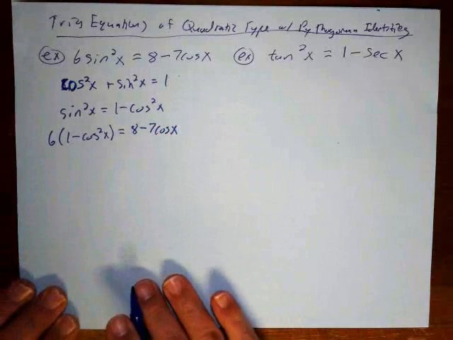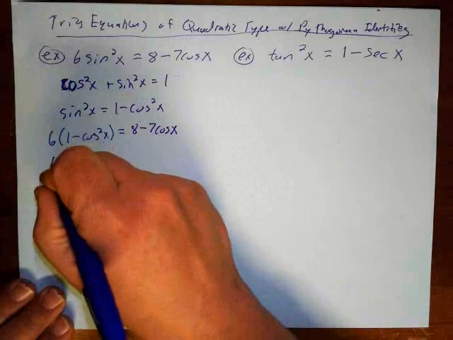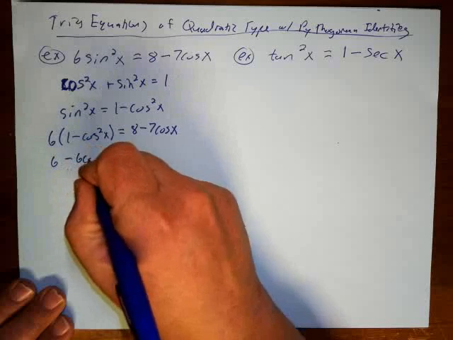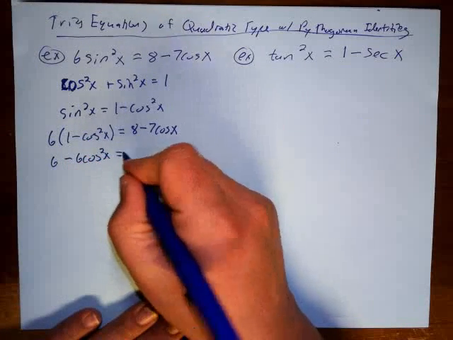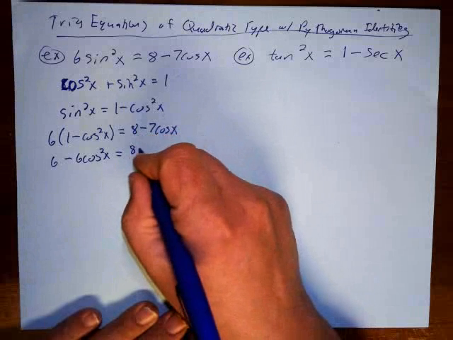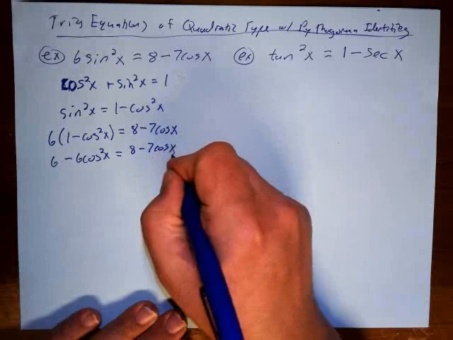Okay, and now you see I just got cosines in the equation. So now I can distribute: 6 minus 6 cosine squared x is equal to 8 minus 7 cosine x.